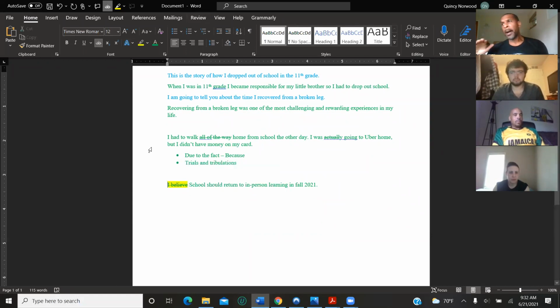Also, in Composition 1 and definitely Composition 2, when you're writing argument-oriented essays, "I believe," "in my opinion," "I think" makes you sound unsure of yourself. In writing generally you want to project confidence, but definitely when you're making an argument.